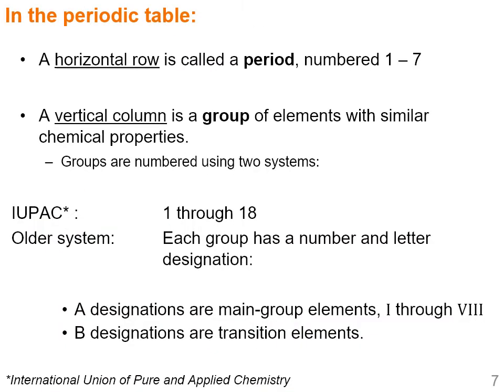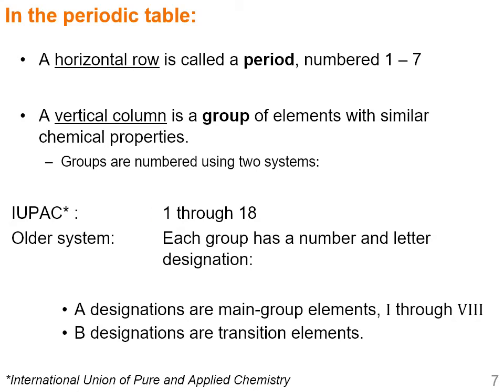The periodic table is made of rows and columns. The rows are called periods that are numbered 1 through 7, and the columns are called groups or families. These are the elements with similar chemical properties. There are two ways to number the groups. In the stock system, the International Union of Pure and Applied Chemistry system, they are numbered 1 through 18 from left to right.